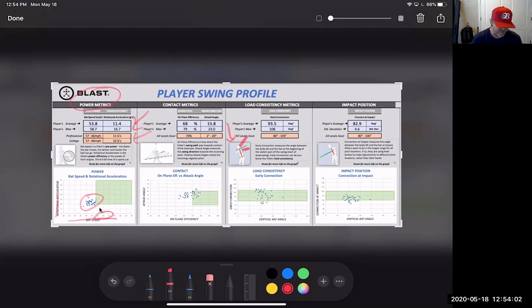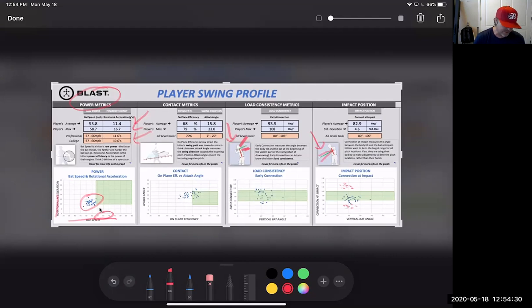And then as we move to the far right, this is the impact position, so connection to impact. And again, we're looking for a 90-degree angle, but now we're looking at impact. And again, if the barrel was too steep like that, then you're going to get dots above. And if the barrel is too flat, then you're going to get dots below.